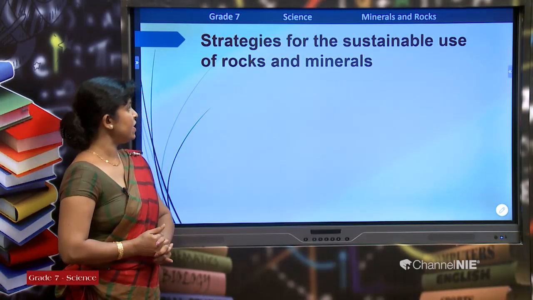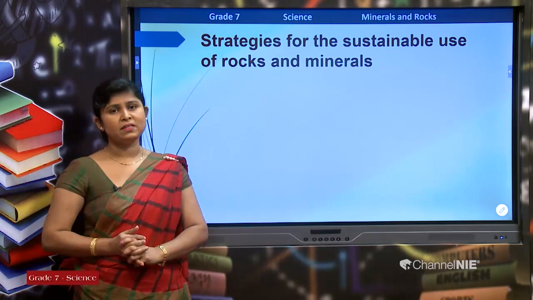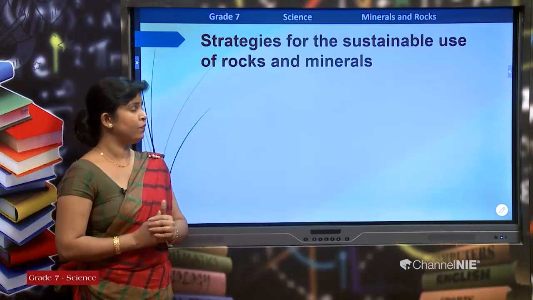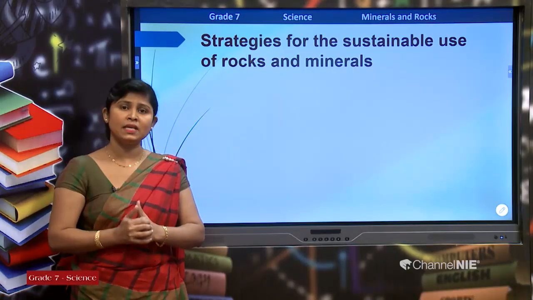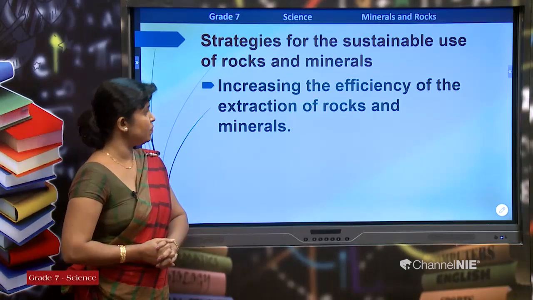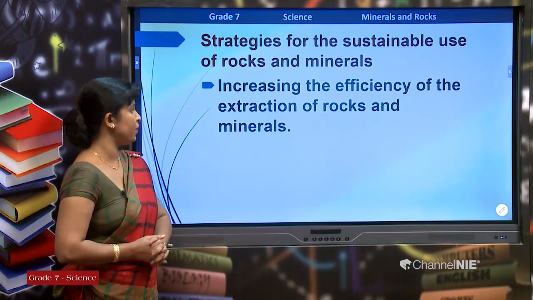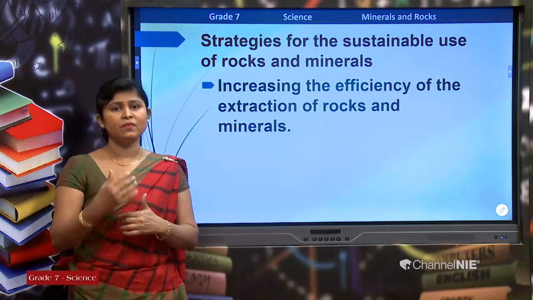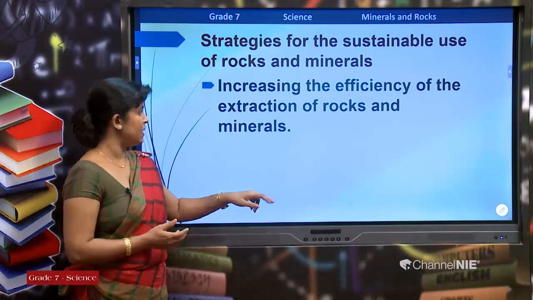Strategies for the sustainable use of rocks and minerals. I think you have to draw your attention towards the methods of using rocks and minerals sustainably. Here are the methods. Increasing the efficiency of the extraction of rocks and minerals, right? The rocks and minerals can be extracted efficiently. That is one method.